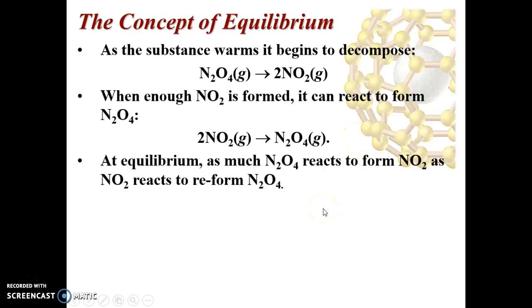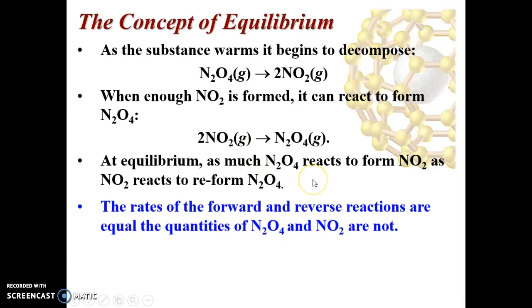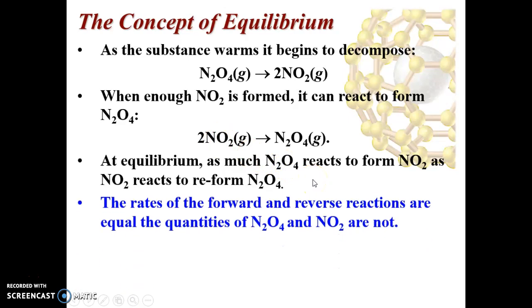At equilibrium, you have just as much N2O4 reacting to form NO2 as the reverse reaction is occurring. So the rates of the forward and the reverse reaction are equal. It's happening just as fast in one direction as it is in the other.